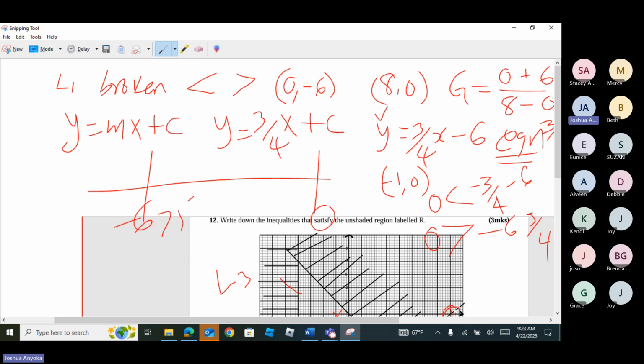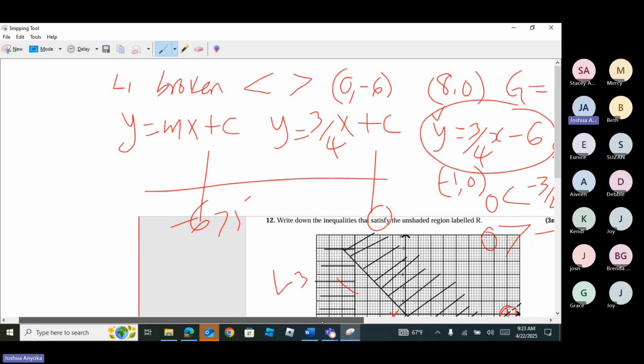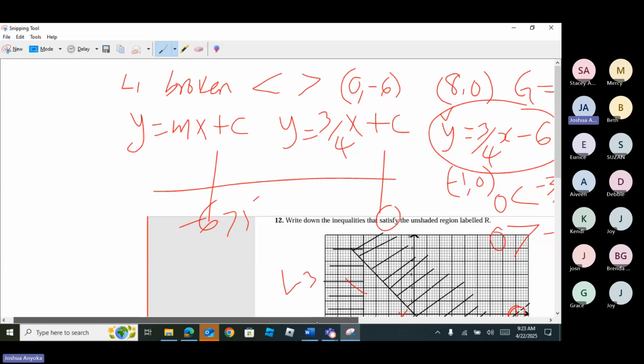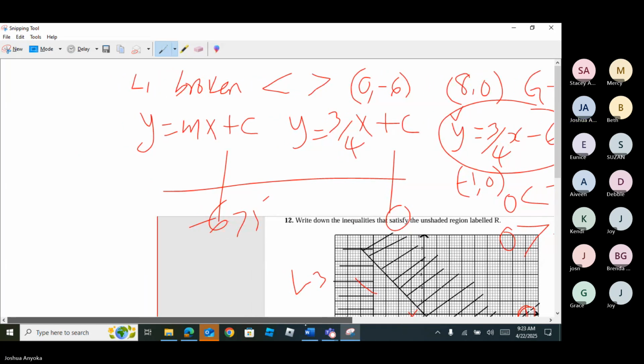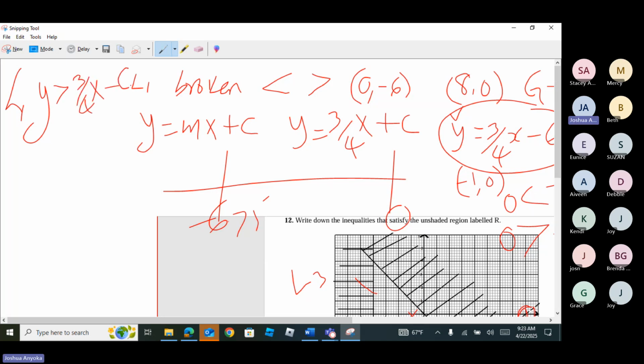So our inequality, we get back to the equation. Now, instead of writing the equation, you write the inequality. So our first inequality, L1, is y is greater than 3/4 x minus 6. That is the inequality that we want.